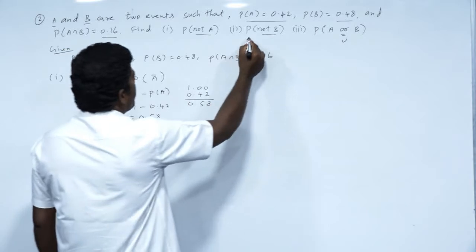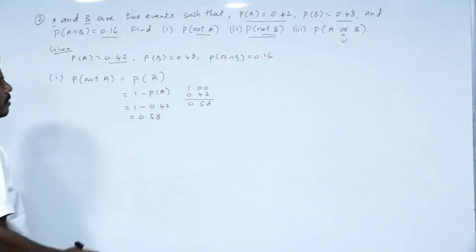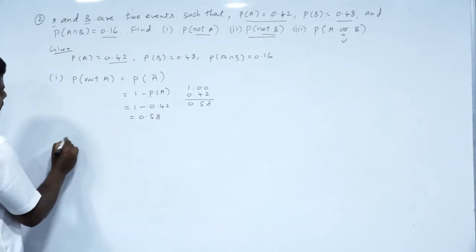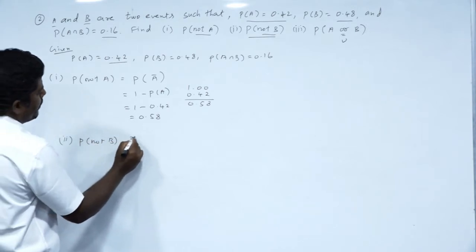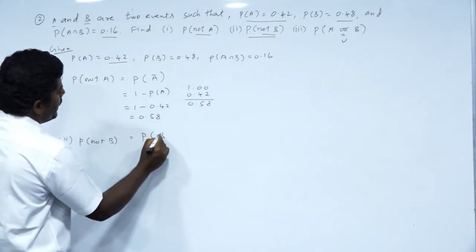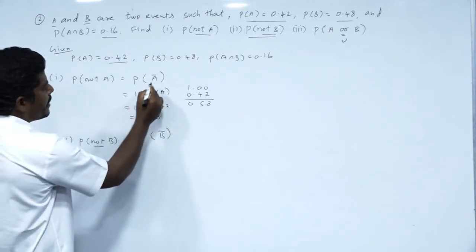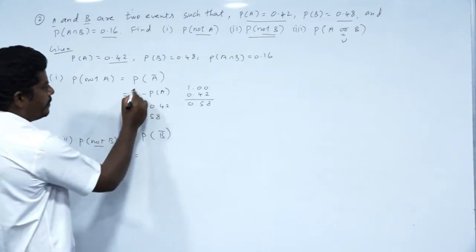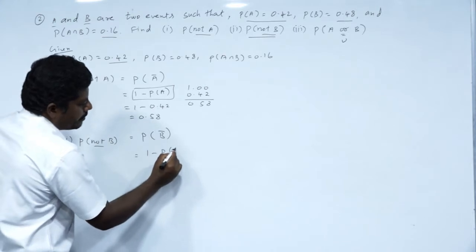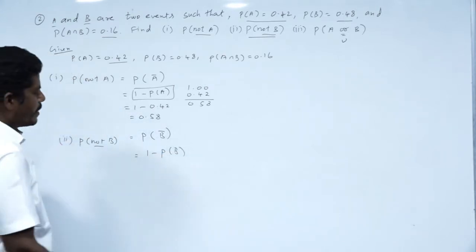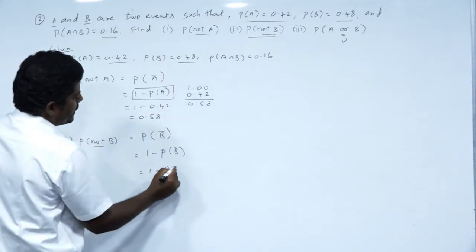Next is the second one: probability of B complement. Not B means B complement, B bar or B dash. So probability of A bar means 1 minus probability of A, and probability of B bar means 1 minus probability of B. Now probability of B is 0.48, so 1.00 minus 0.48.